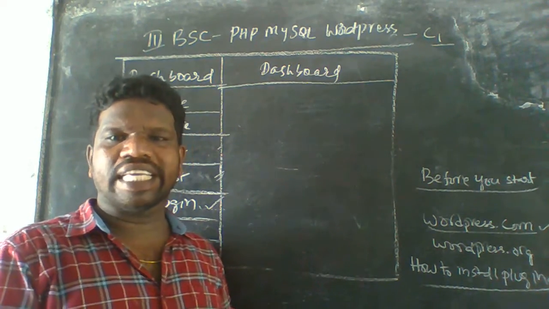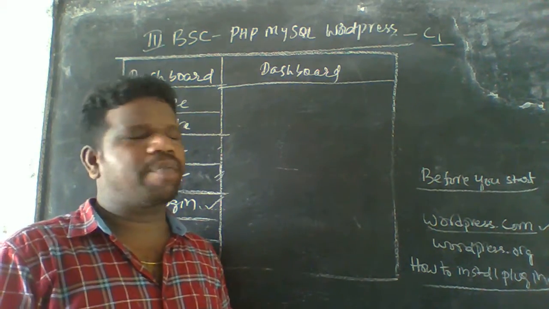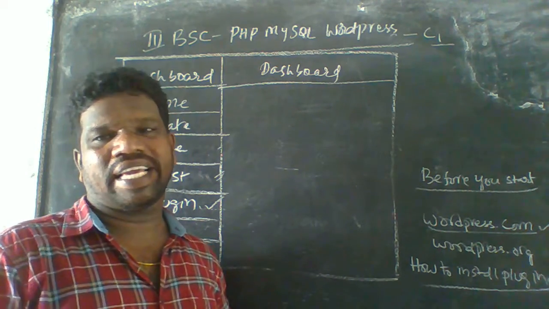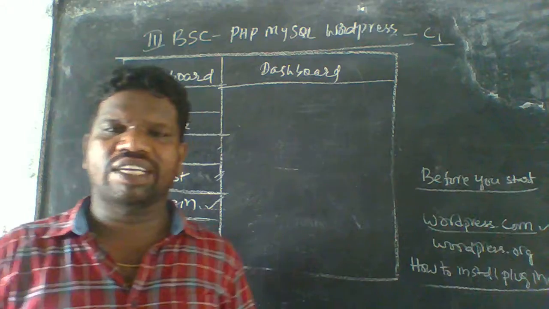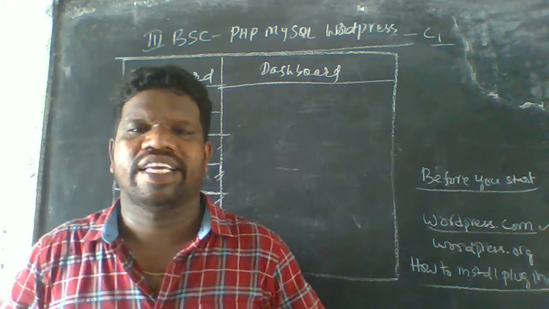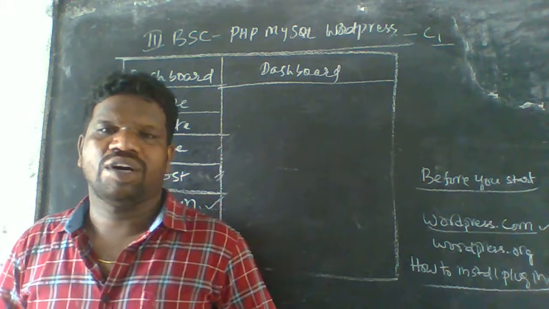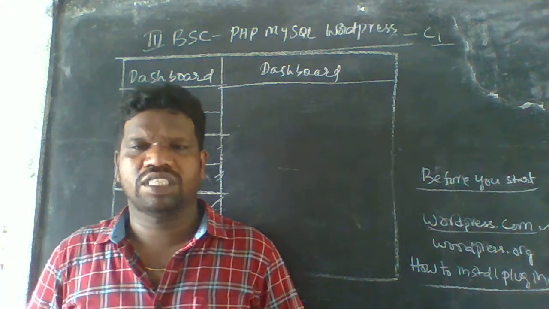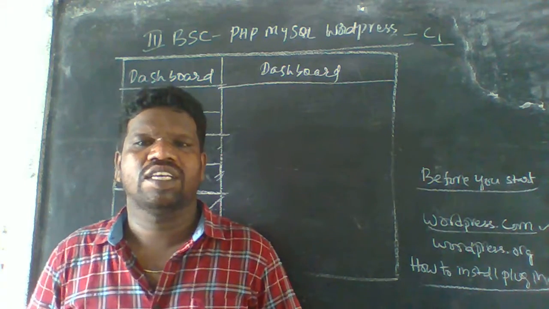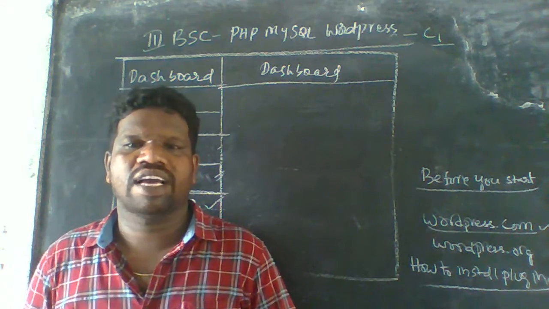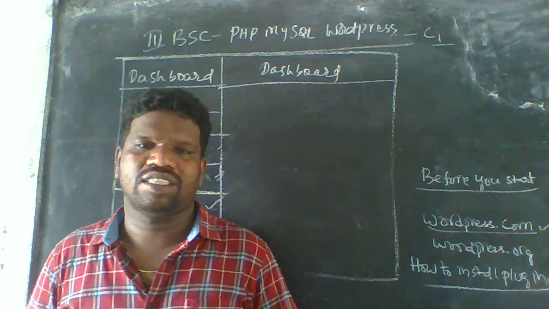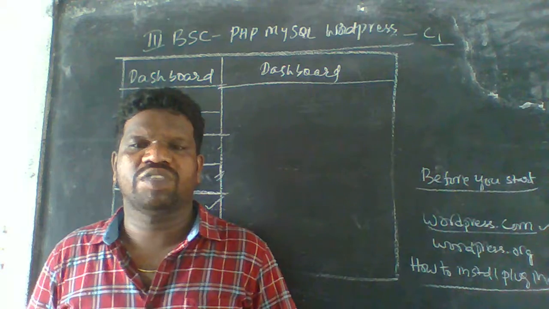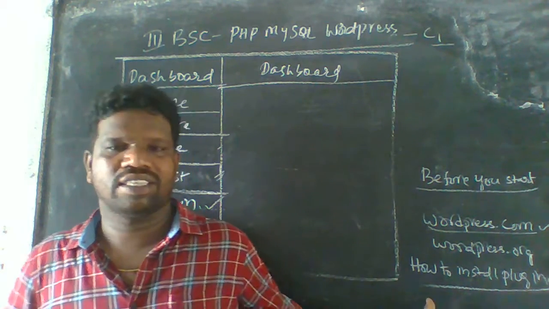Now let's install plugins using WordPress plugin search. The easiest way to install a WordPress plugin is to use plugin search. The only downside of this option is that the plugins must be in the WordPress directory, which is limited to free plugins. First thing you need to do is visit Plugins, Add New.